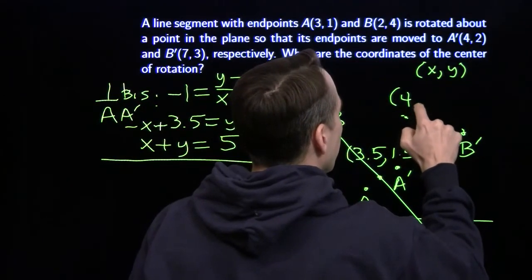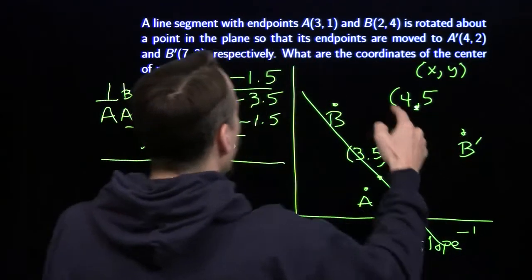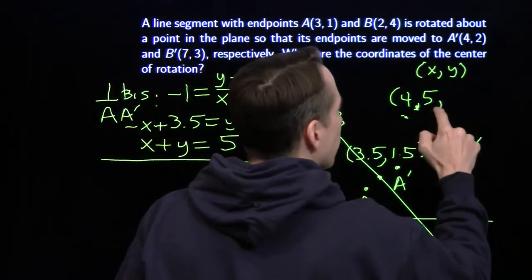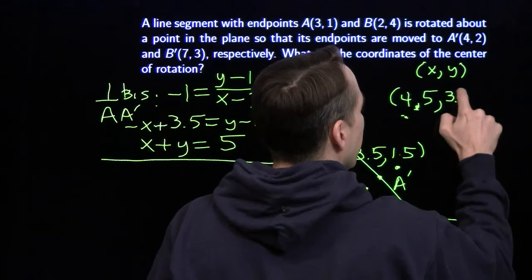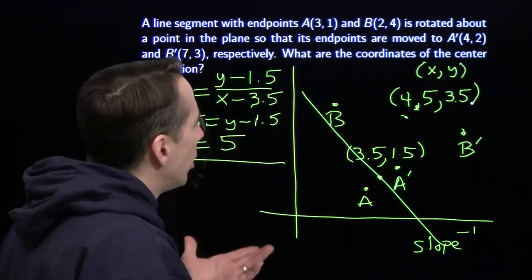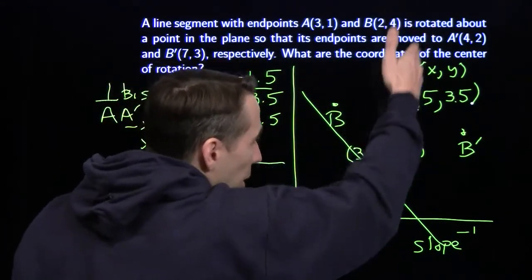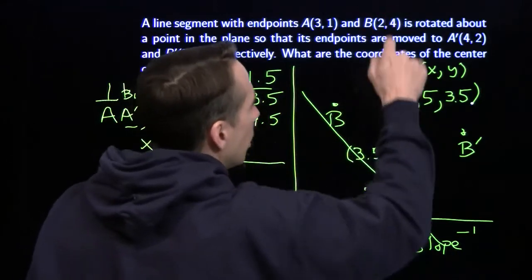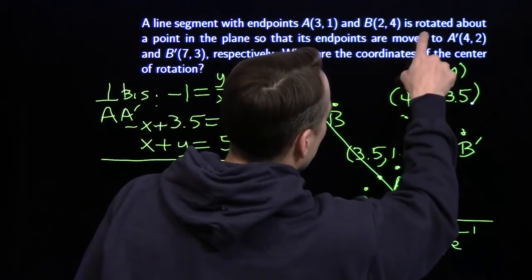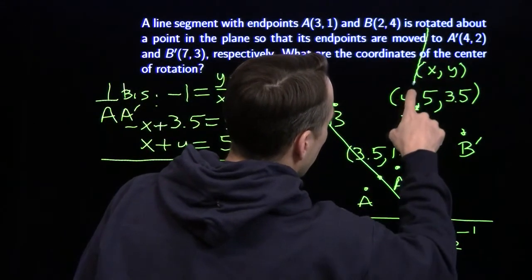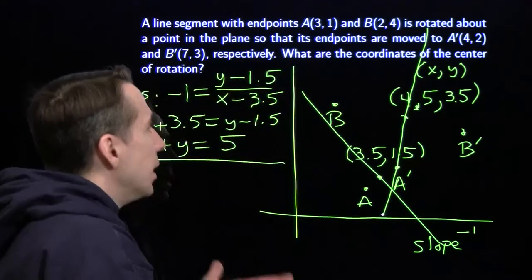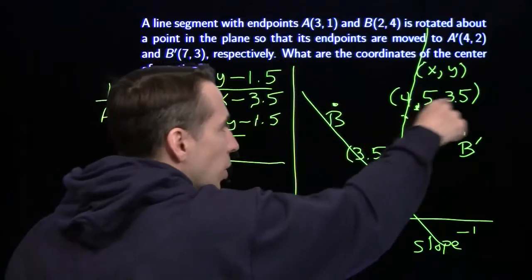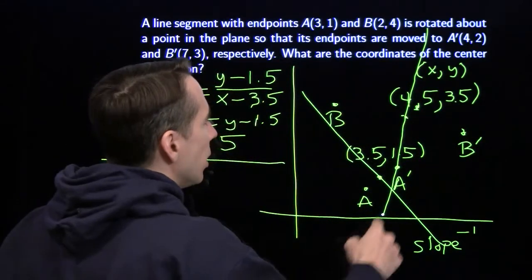So first we find the midpoint of BB prime. Average of the x-coordinates is 4.5. Average of the y-coordinates is 3.5. And we know that the center of rotation is going to be on the perpendicular bisector of BB prime, which is going to look something like this. And now all we have to do is find the slope of this line because we have one point that is on the line.